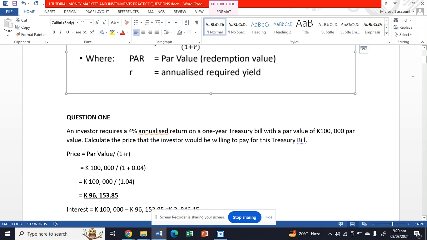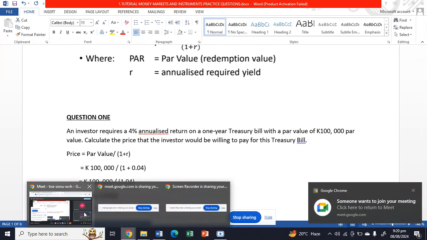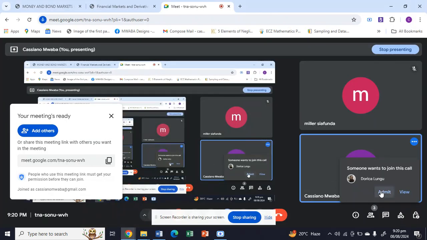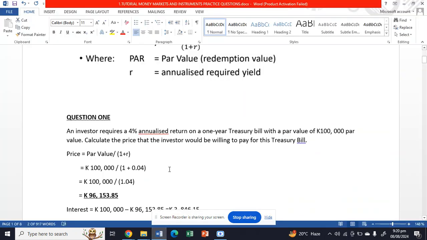So as you can see, the formula for calculating the price of the treasury bill is the par value, amount printed on the treasury bill, divided by 1 plus R. R represents the rate. Whenever they say annualized return, it means if you hold this treasury bill for a year, this is the return that you'll get.